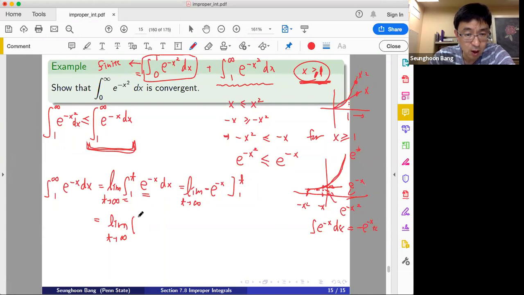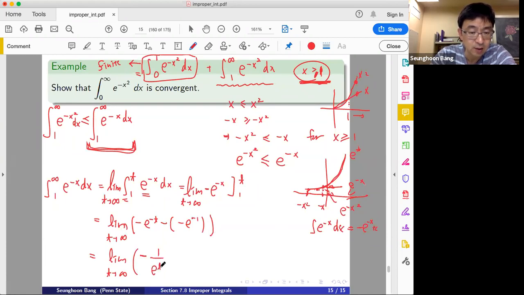You can plug t into x: negative e to the minus t, minus negative e to the minus 1. The negative times negative 1 is positive 1. e to the minus 1 is 1 over e.